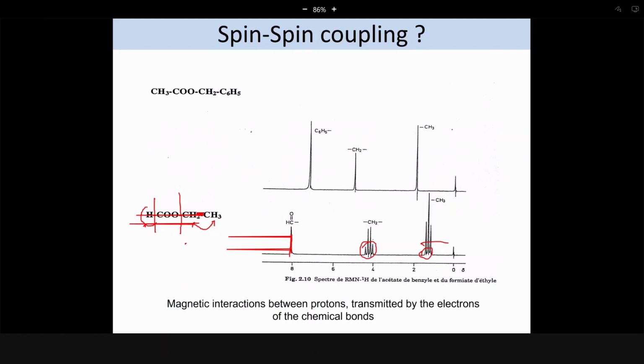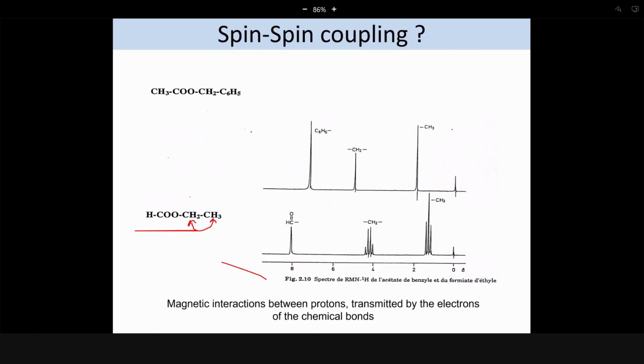The signal is split into different lines. So this is what we call the coupling phenomenon. As soon as 2 groups of protons are close together, just like this, then we can say that we have a coupling effect.